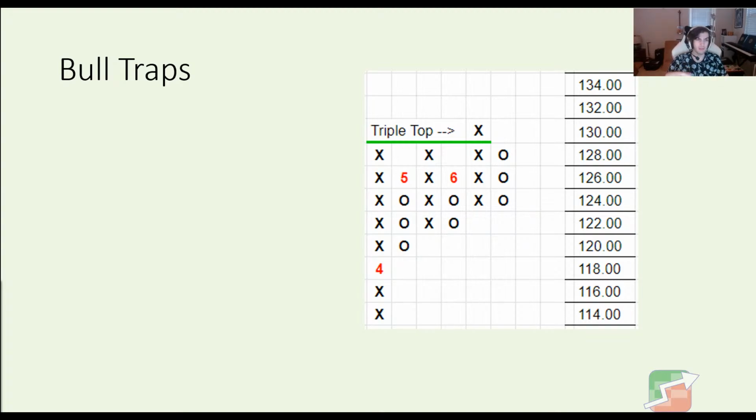Often what will happen, again, not guaranteed, there is never any guarantees, but what can frequently happen is we have, in this case, a triple top breakout. So the price goes up, reverses back down, up, back down, up, and now breaks out one box above.